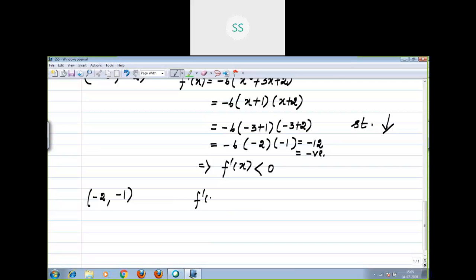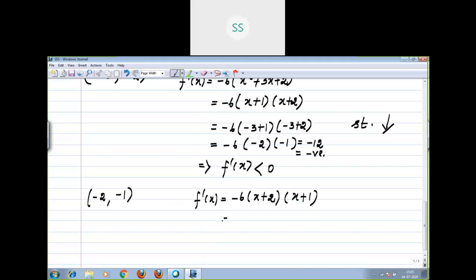f dash of x equal to minus 6 into x plus 2 into x plus 1. Here you are going to select the negative value, right?